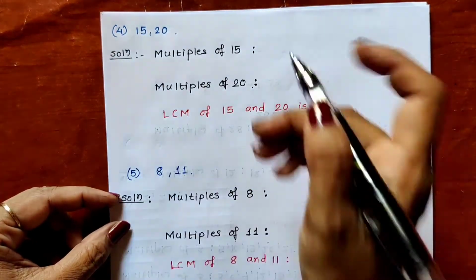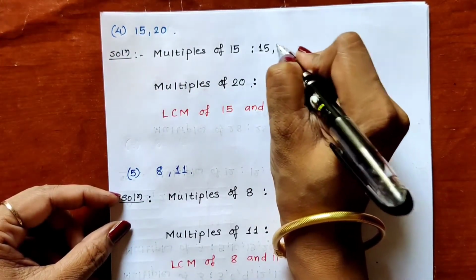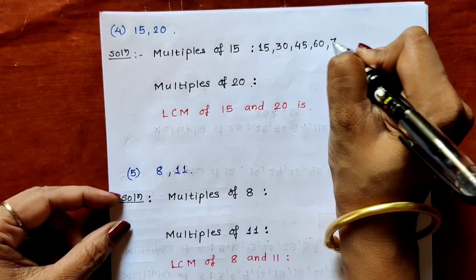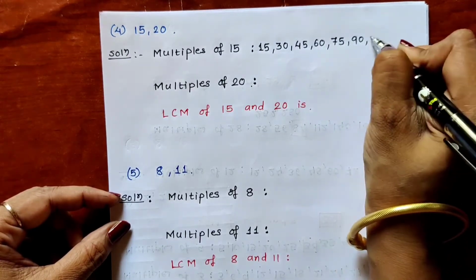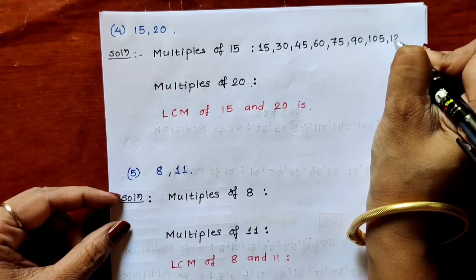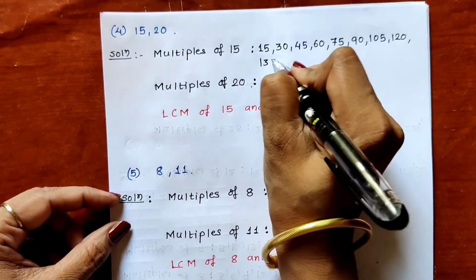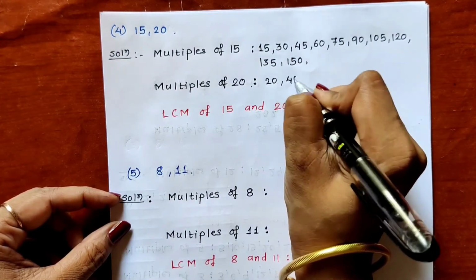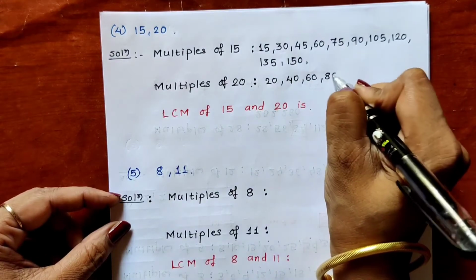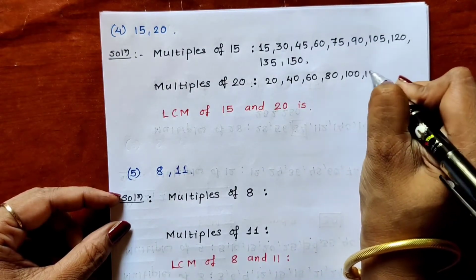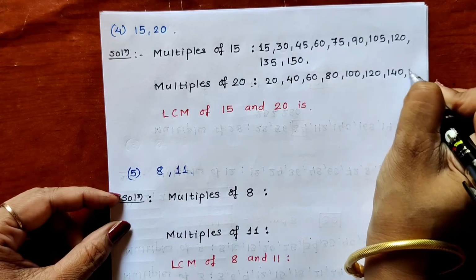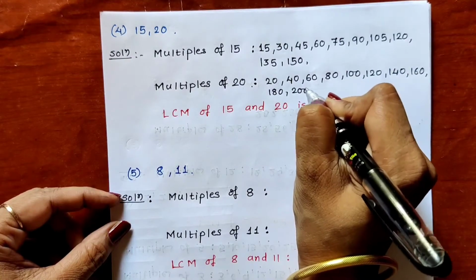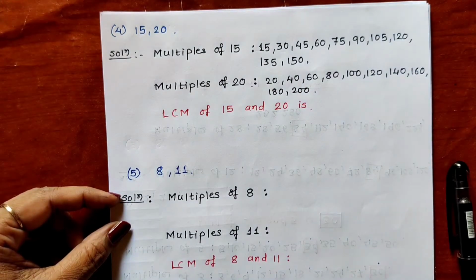We have been given 15 and 20, these two numbers, so write the table of 15. 15 tens are 150. 20 ones are 20, 2s are 40, 60, 80, 100, 120, 140, 160, 180 and 200. Okay, now check the common multiple.